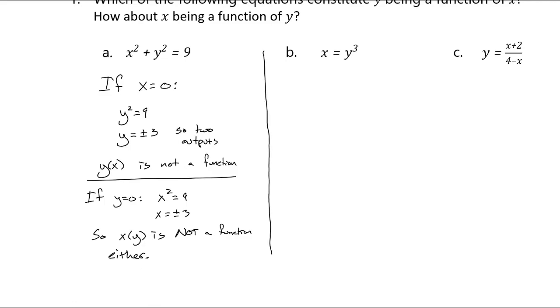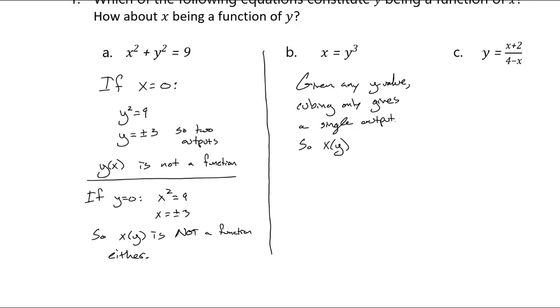The next equation we have is x equals y cubed. Given any y value, if we plug that in, cubing only results in a single output. So x of y, x is a function of y.